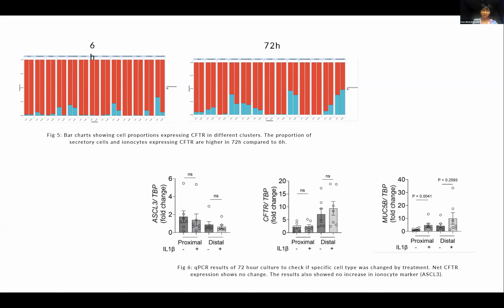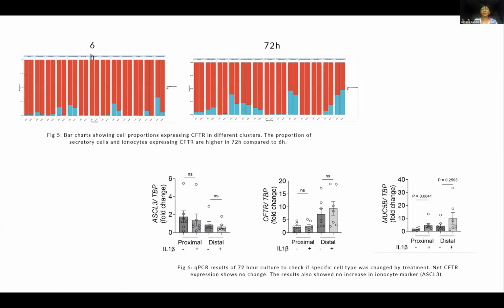From the bar charts that you see here, we figured that in secretory cells and ionocytes, the proportion of cells expressing CFTR went much higher at 72 hours, which again was interesting because it showed that the proportions of cells secreting CFTR were much higher at 72 hours. However, there was not a significant increase in the overall cell numbers. Instead, it was the opposite.